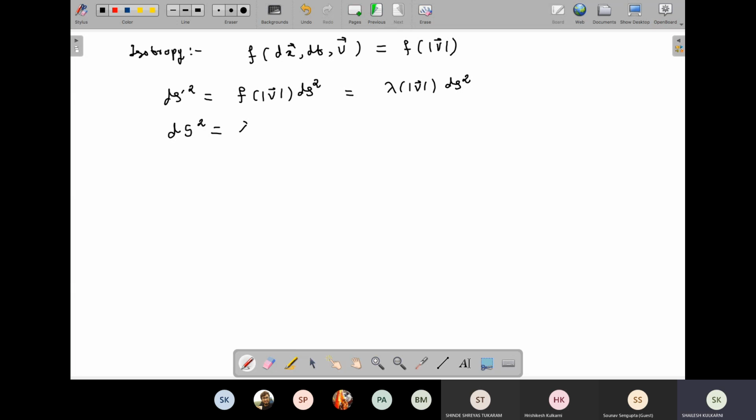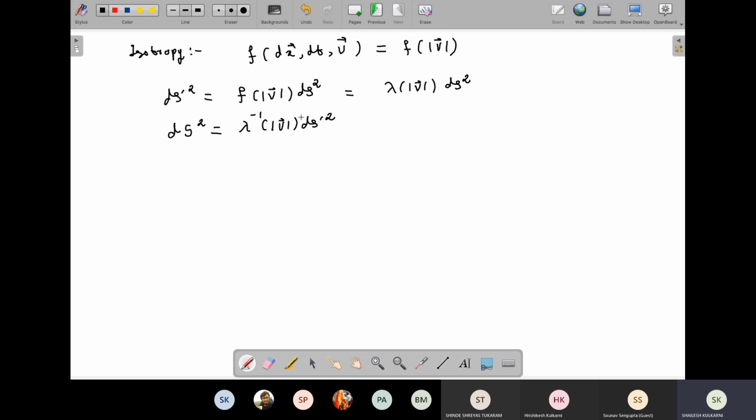There must exist an inverse transformation, for which the same arguments will hold. It should depend only on the magnitude of velocity and then ds prime square. So this is from k to k prime frame, and this is from k prime frame to k frame. Inverse transformations.